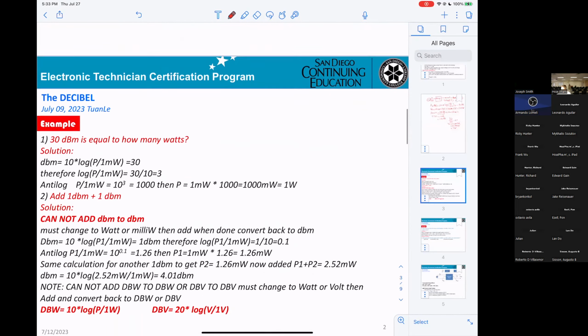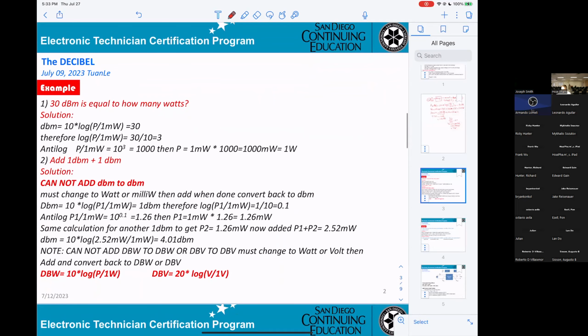Now the next one, you can try here. Example, 30 dBm equals how many watts? You see the solution here. First thing, you know the formula for dBm. dBm equals 10 times log of P divided by 1 milliwatt.